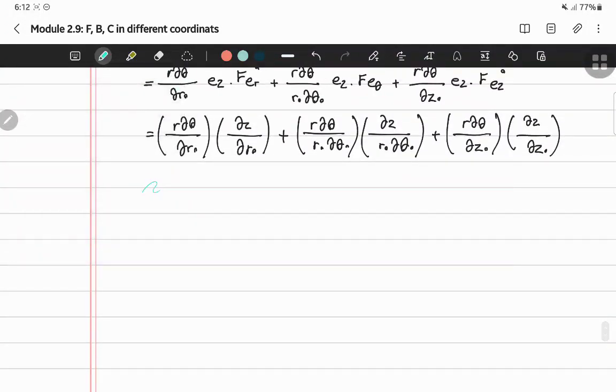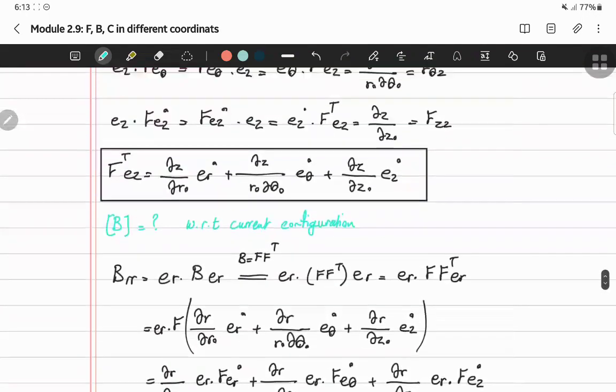Let's find B inverse, again with respect to the current configuration. And remember, by current configuration we mean small x.